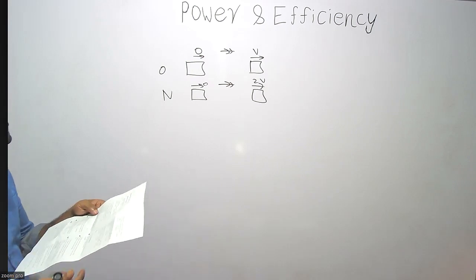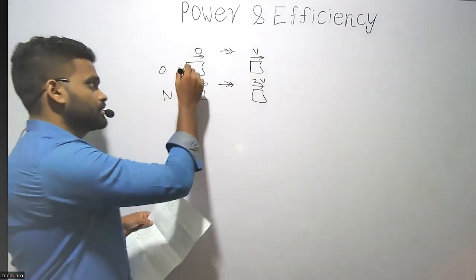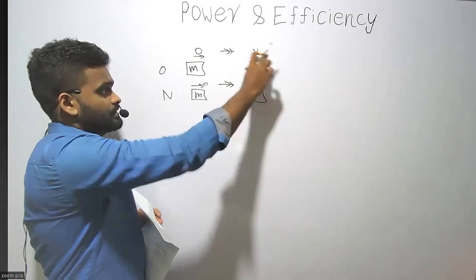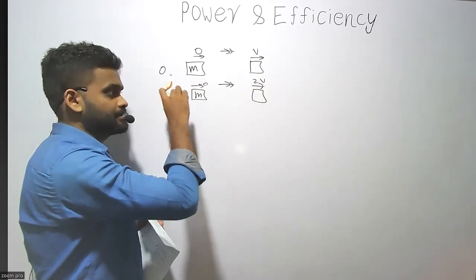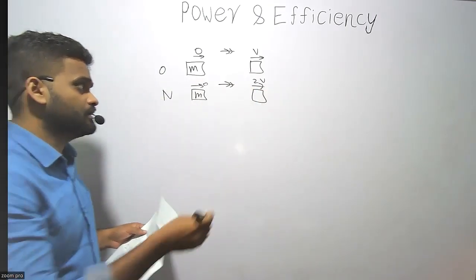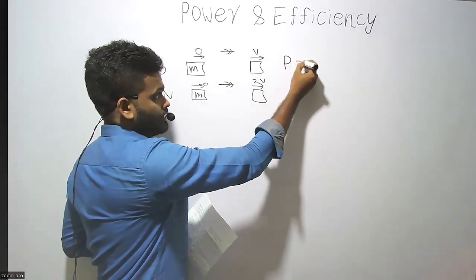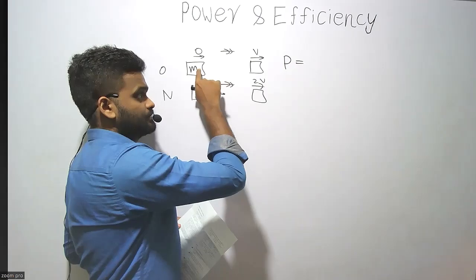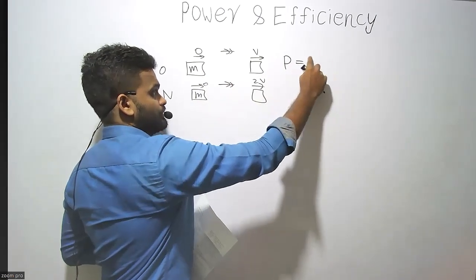They say that the mass is the same, right? Both cars have the same mass. So this is the first scenario. Then you have the second scenario, that is new car. So what is power? You can use energy gain divided by time. So that is power. Work done is equal to energy gain.